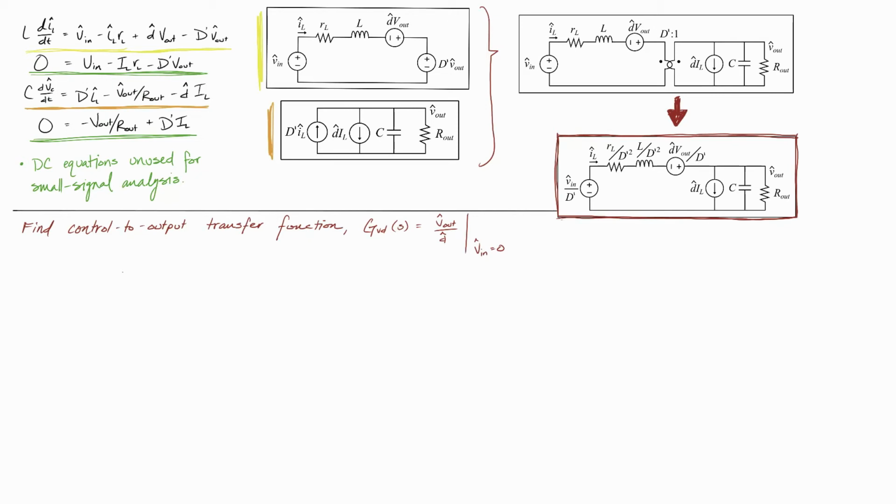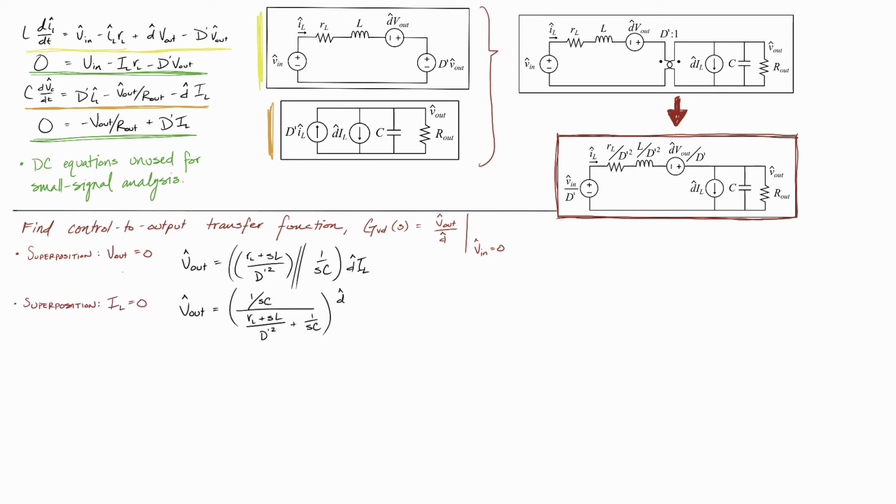And then after we've set Vn hat equal to 0, we'll use superposition, meaning that at first we'll set V out equal to 0. Note that that's not V out hat, that's just V out. We'll write the equation for the circuit there, and then we'll do the other side of the superposition where we set IL, again, not hat, equal to 0, and we'll write that circuit equation.